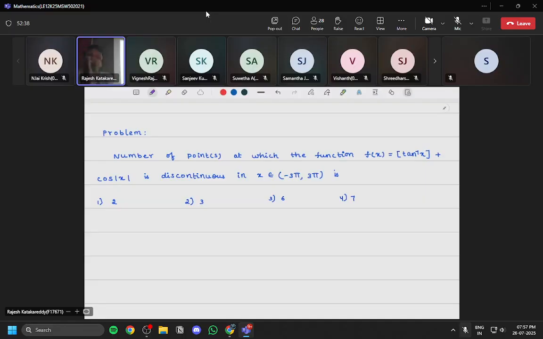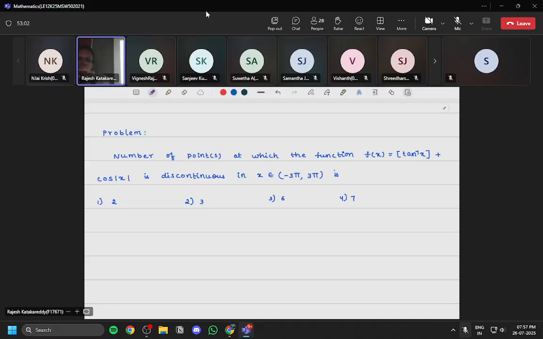Second one, tell me, greatest integer of tan inverse x. By now somebody would have got it online. Tarun Krish, how to break? What do you think? Tan inverse of x, what kind of function is it? Increasing, decreasing, neither increasing nor decreasing?